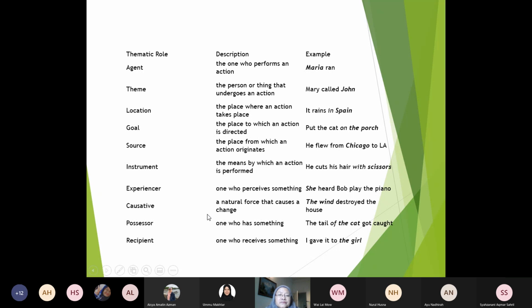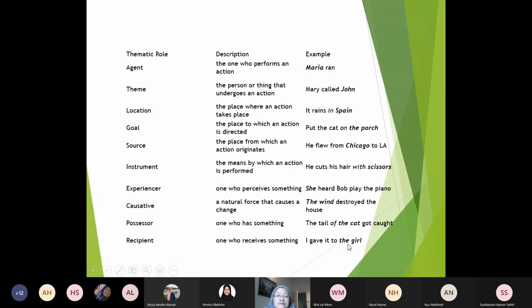Then you have the causative. The causative is a natural force that causes a change, like the wind. The wind destroyed the house. Causative. You can have the possessor. The tail of the cat got caught. So of the cat is the possessor. Recipient, one who receives something. I gave it to the girl.